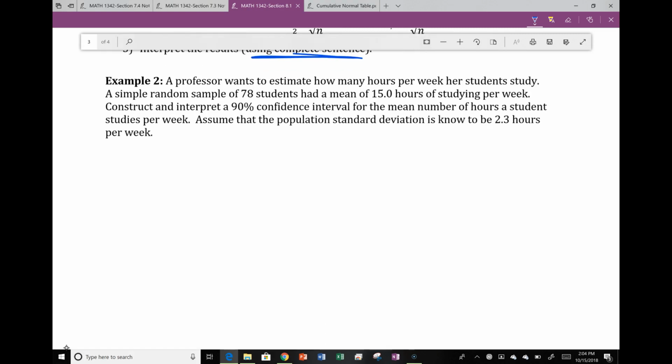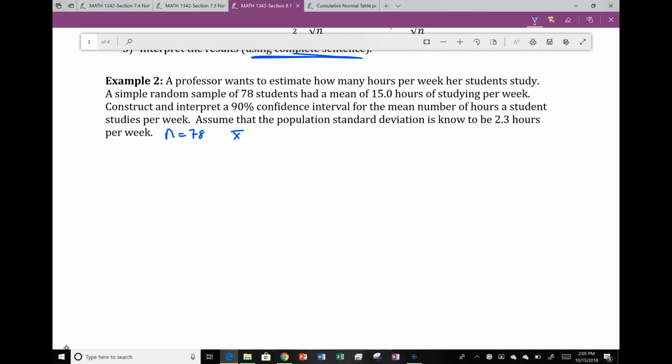So let's look at example 2. A professor wants to estimate how many hours per week her students study. A simple random sample of 78 students, that's going to tell me that my n is 78. That's my sample size. Had a mean of 15.0 hours.